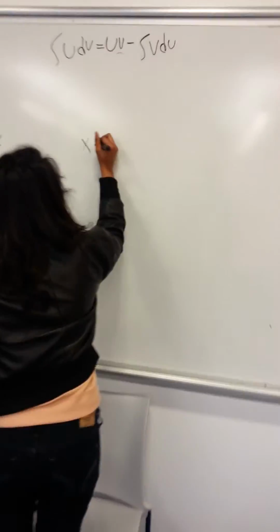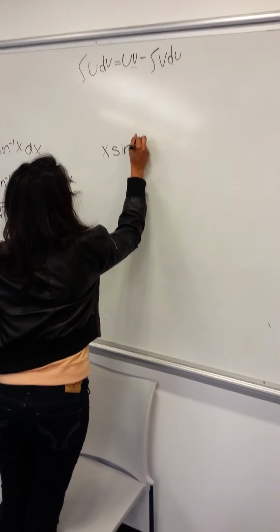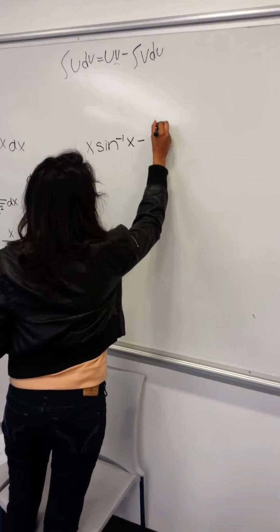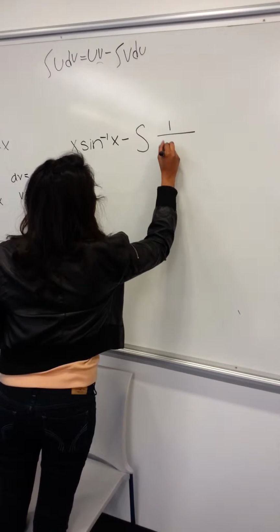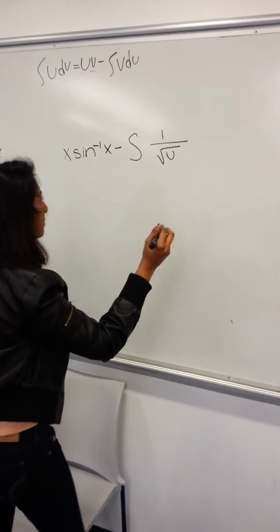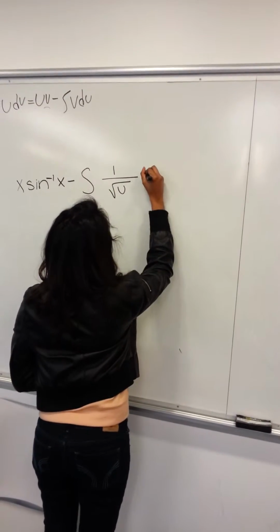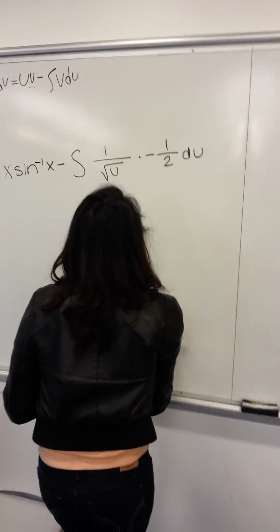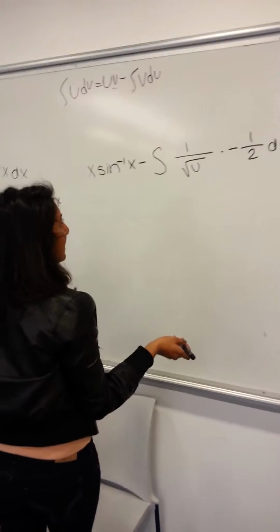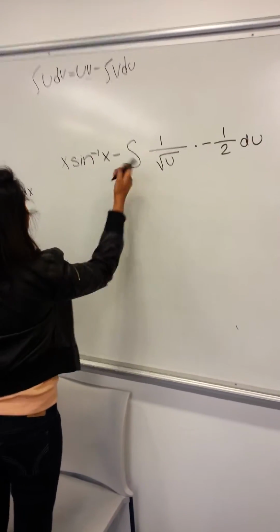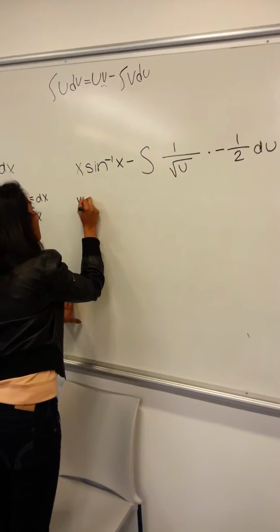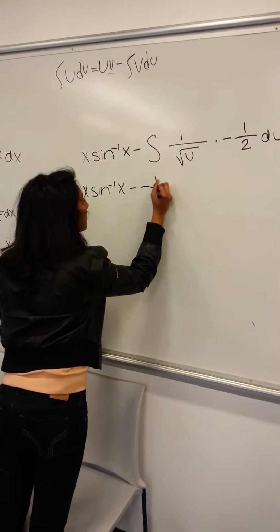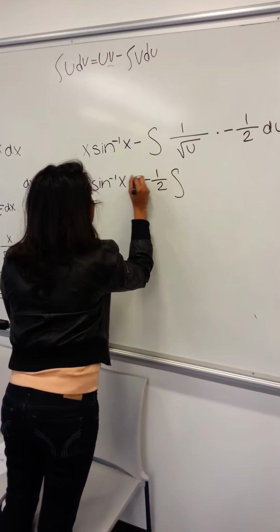So we write the whole thing here. And now I'm going to take out the negative 1/2 and bring it out here. This becomes positive.